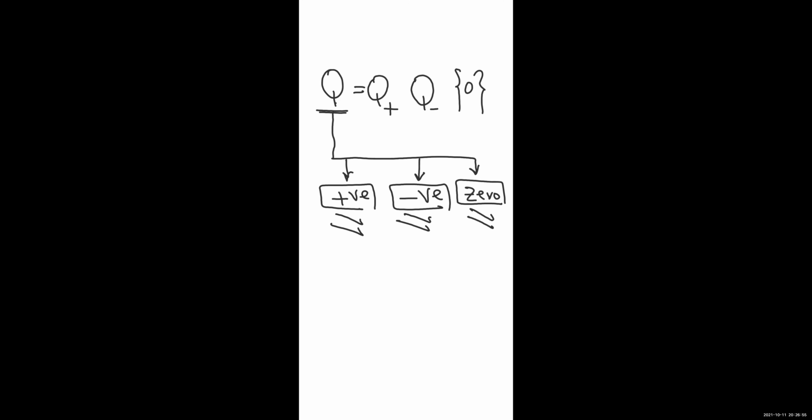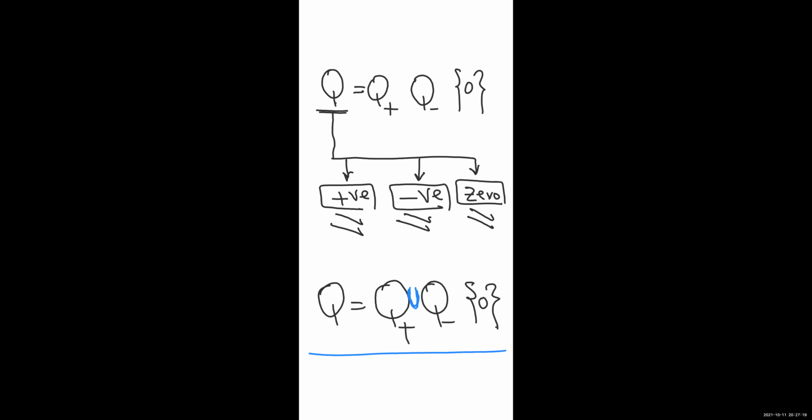So Q equals the positive rational numbers and the negative rational numbers and 0, right? So positive union, negative union, the set of 0.